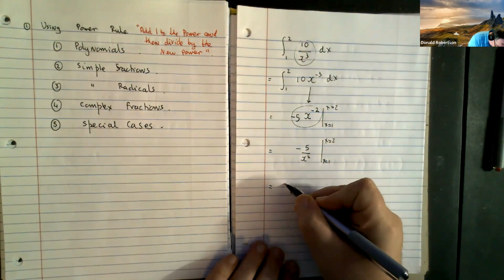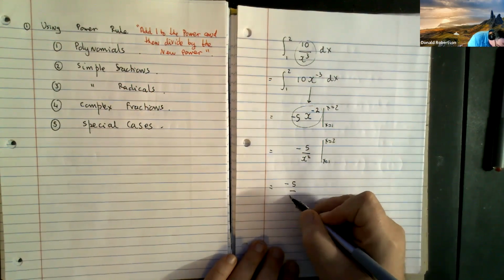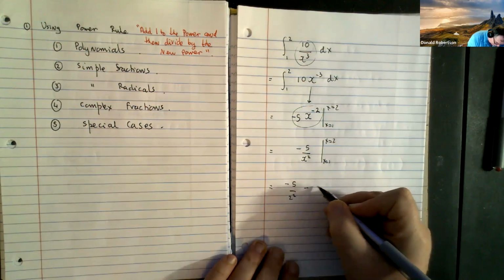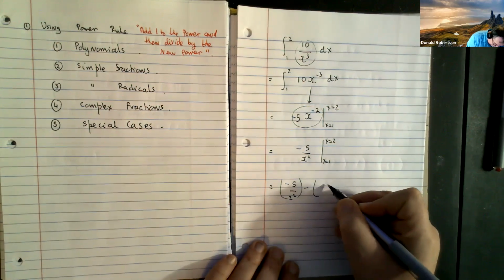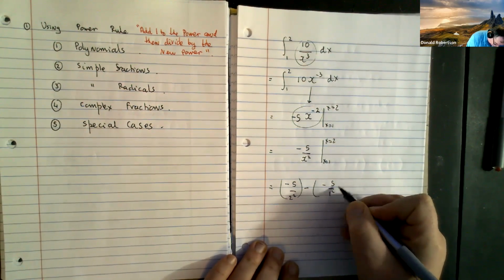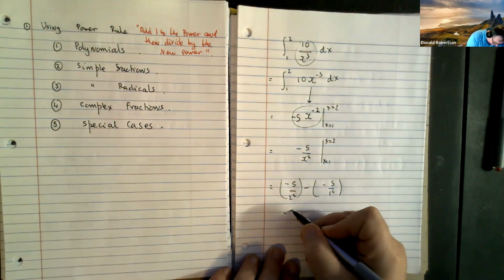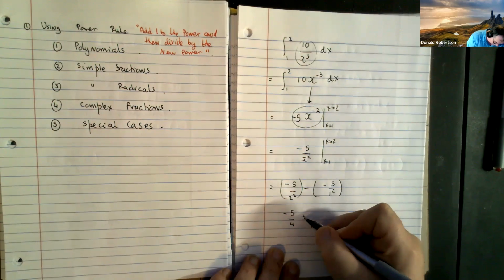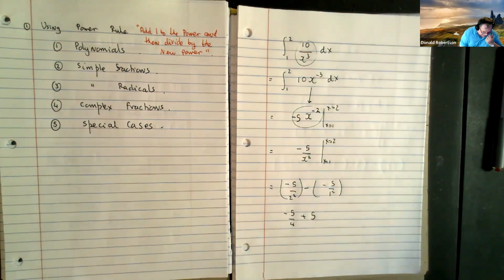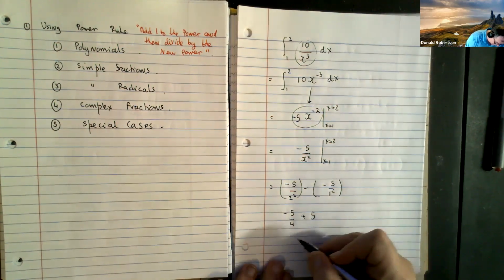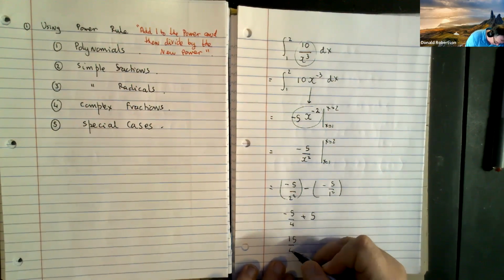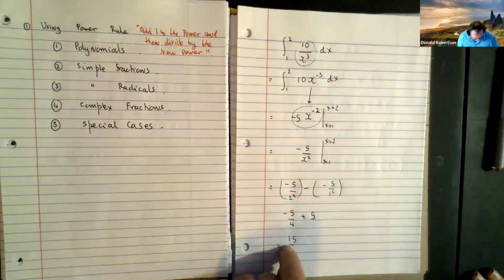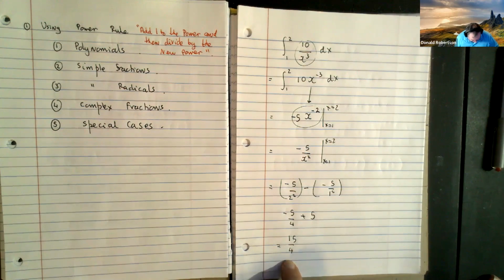So what we're going to do here is -5 over 2 squared, take away, that's the first guy, take away -5 over 1 squared. So that's what, -5 quarters, and that's -5, two negatives make a plus, and you get that. And I believe the final answer ends up being 15 quarters. And so in this format, the answer comes out really nicely.